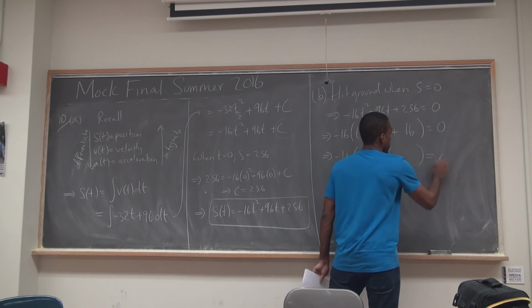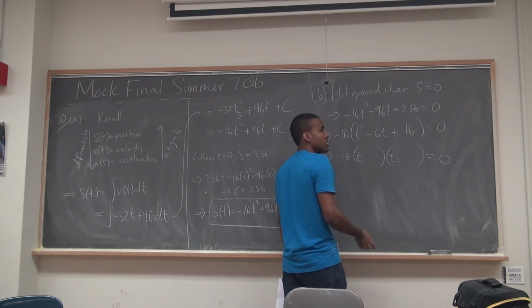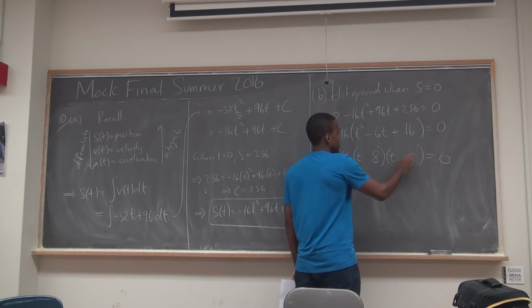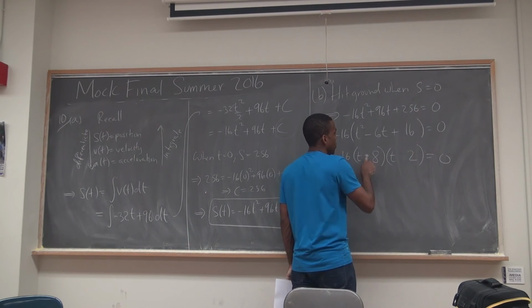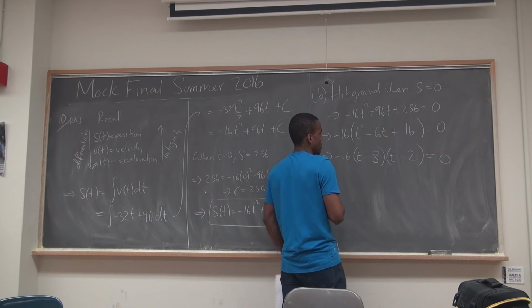Let's hope this factors so I don't have to do something crazy like the quadratic formula. 16, 8 times 2. That seems to make sense. You get a minus 8 plus 2.